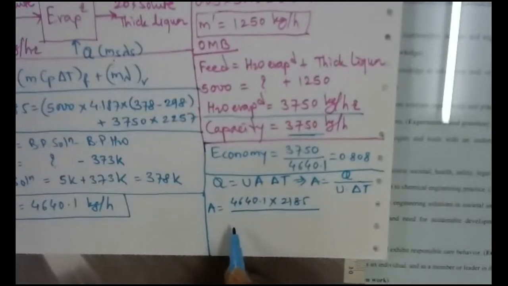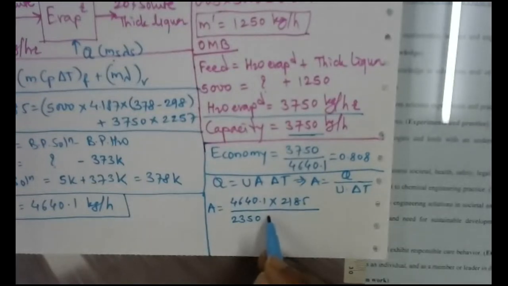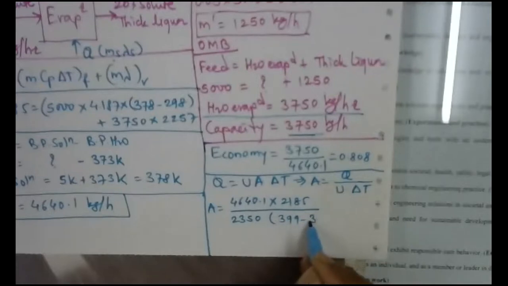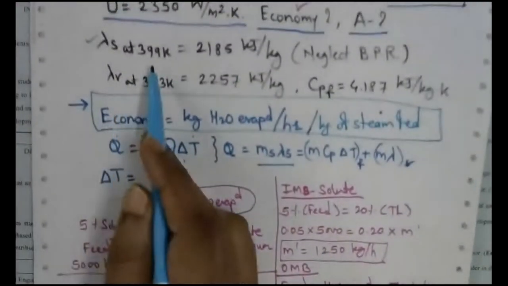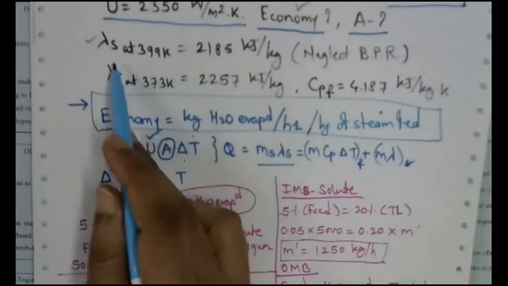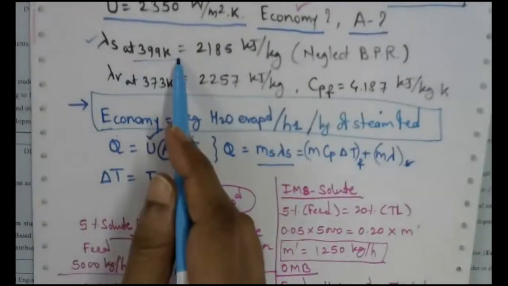U is already known, that is 2350. And delta T is nothing but the driving force, that is 399 minus 378. Here it is mentioned that latent heat of steam is at 399 Kelvin.